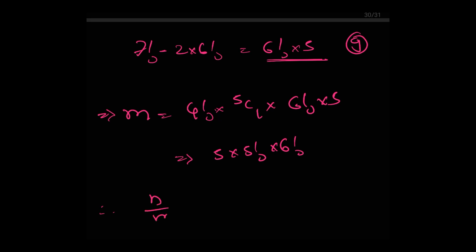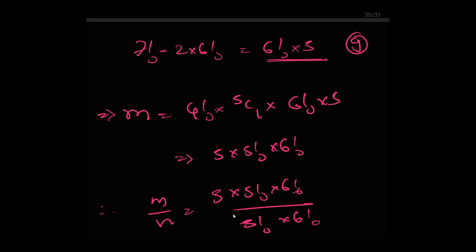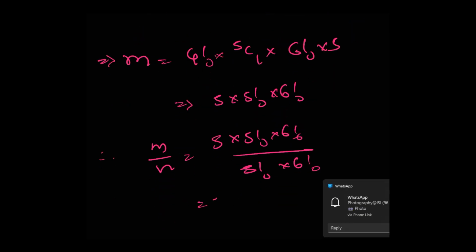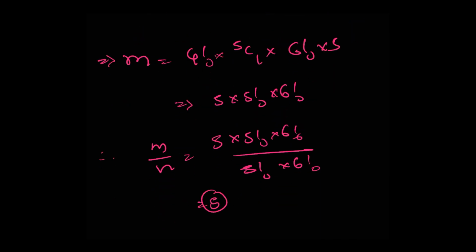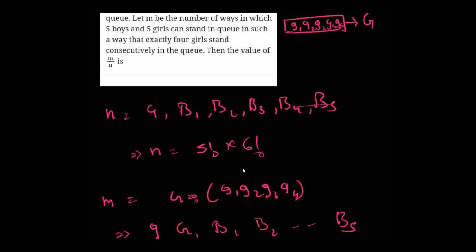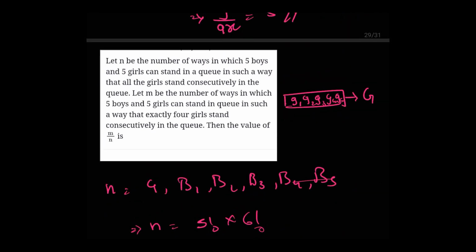Therefore, m by n will be 5 into 5 factorial into 6 factorial by 5 factorial into 6 factorial. That will be 5. So the answer will be 5. This completes our today's lecture, and we will meet you in the next lecture.